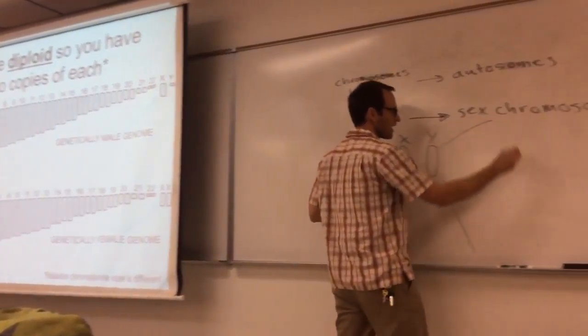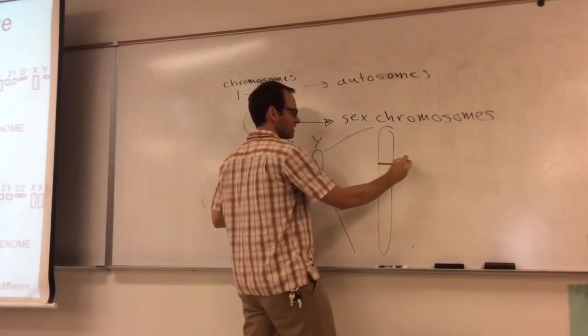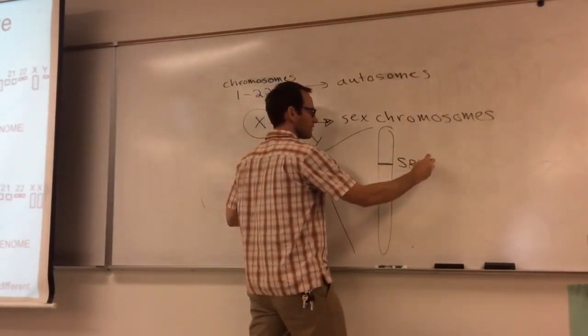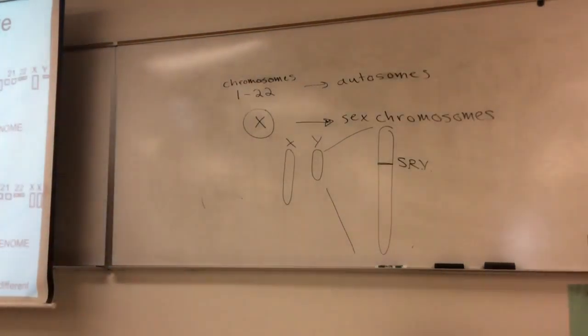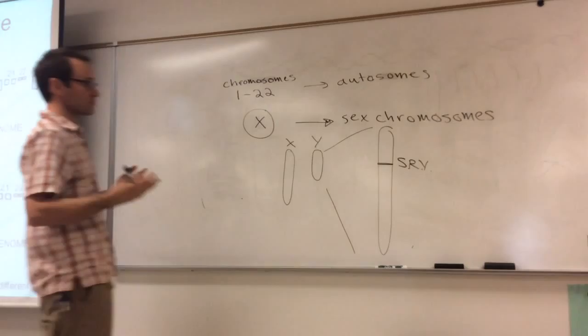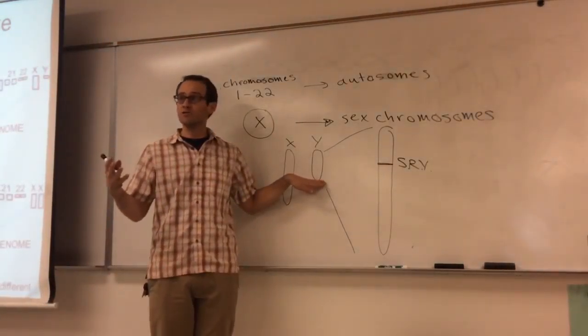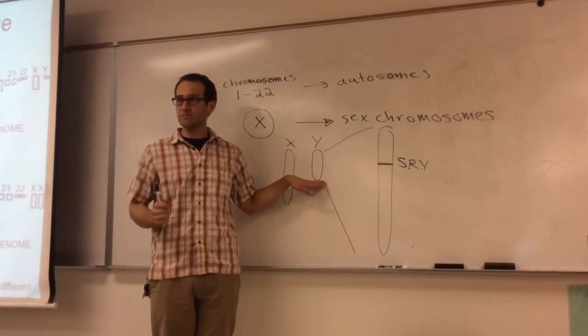If I zoom in on the Y, there's this really important gene that goes by the acronym SRY. The acronym stands for the sex determining region of the Y chromosome. And so if you get this, it triggers development that causes the embryo to develop as a male. If you don't have it, you don't develop as a male.